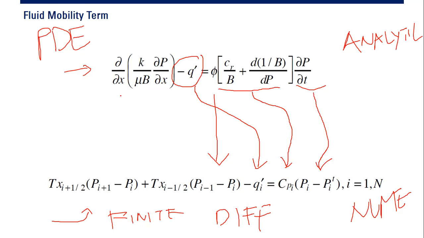And the left-hand side, this part, you can express it to be transmissibility. And we have dPdx. It's also a pressure difference, Pi plus 1 minus Pi. So you change the analytical form, the calculus, the partial differential equation, to the numerical approach, the finite difference.